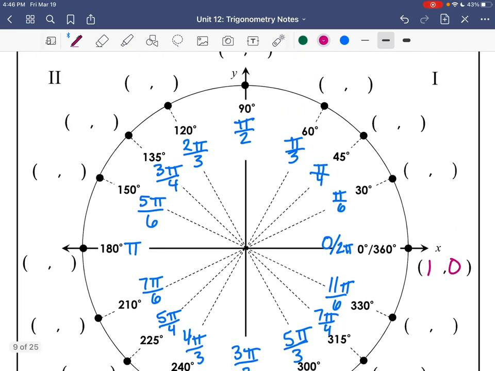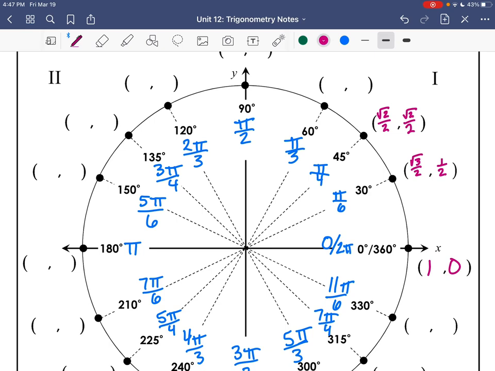All right, so when we were doing that table, the cosine of 30 is square root of 3 over 2. The sine is 1/2. For 45, they were both square root of 2 over 2 because at 45, the x and the y are the same.